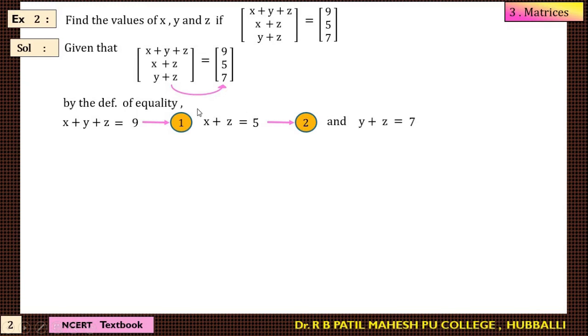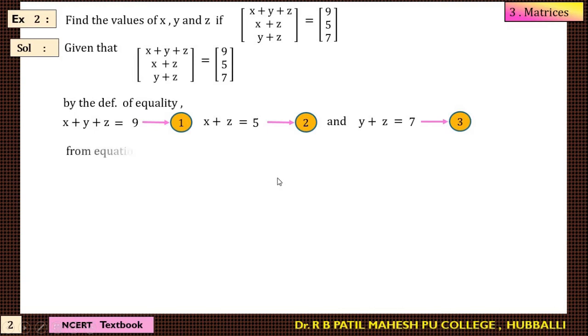Like this you have to write the elements using the definition of equality. You take this as equation 3. In these equations we don't have single terms, we have additions of terms. So we have to solve these three equations and find the value of x, the value of y and the value of z.